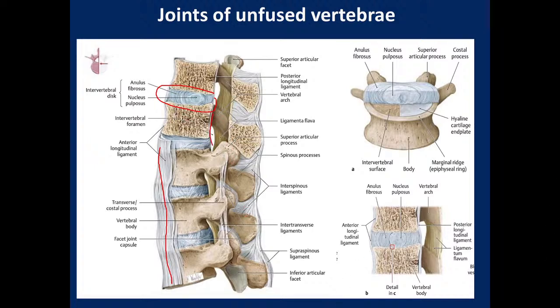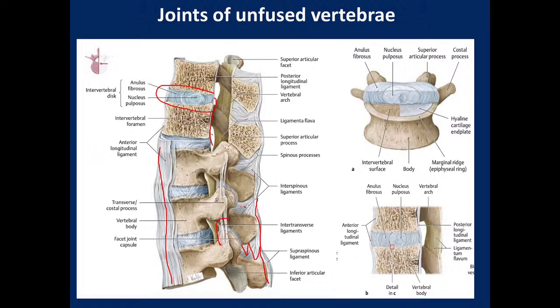The processes of the vertebrae have ligaments like the supraspinous ligament, and between two neighboring, two nearby located vertebrae, we have the interspinous ligament.